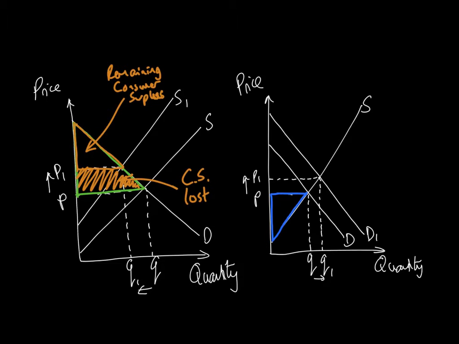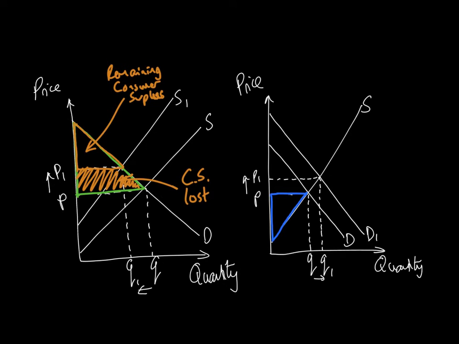And if we think about a similar situation for the diagram on the right here, where we're thinking about the producer surplus, we've got the original producer surplus area, which is the blue triangle. But what would happen if demand for this product were to increase? Well, that would mean that the firms now receive a higher price for their products, which means they are obviously going to benefit from a higher level of surplus.